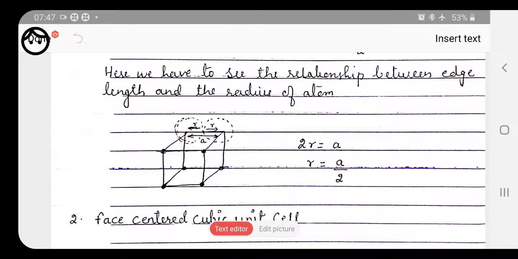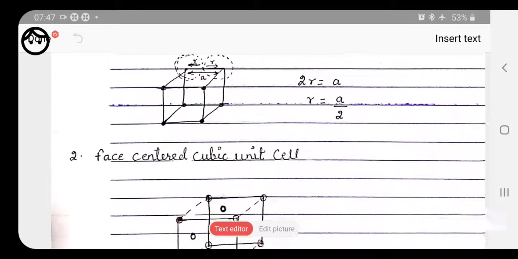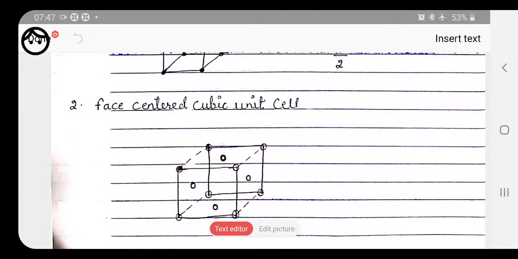Next we have the face centered cubic unit cell. First see how these constituent particles are present. In the face centered cubic unit cell, constituent particles are present at the corners and also at the faces. So here we have 6 faces. These are present at the faces and at the corners.